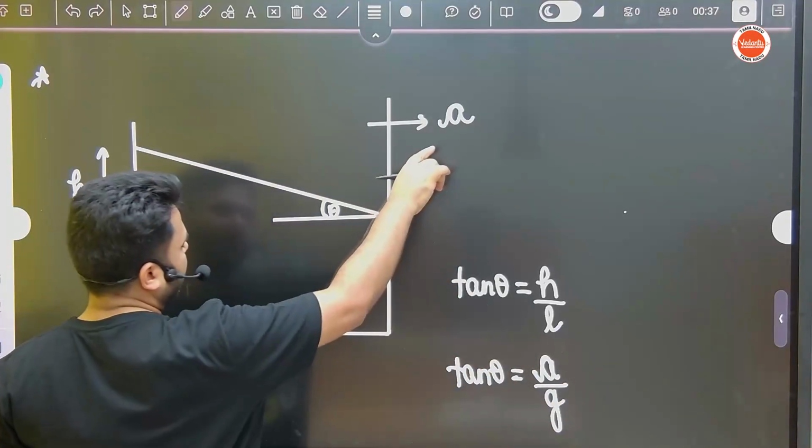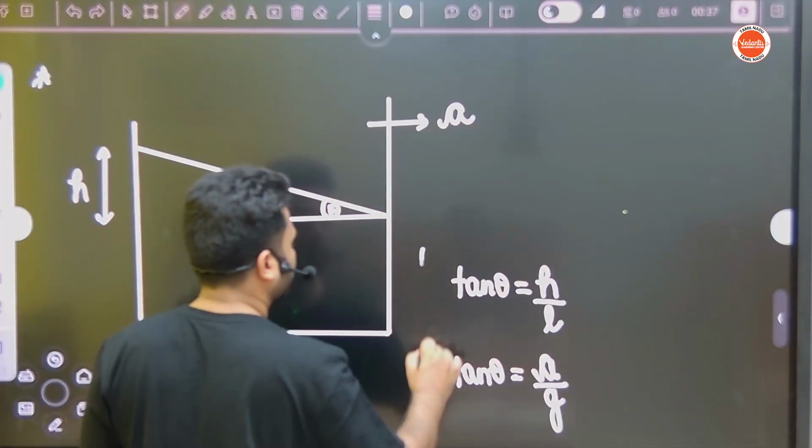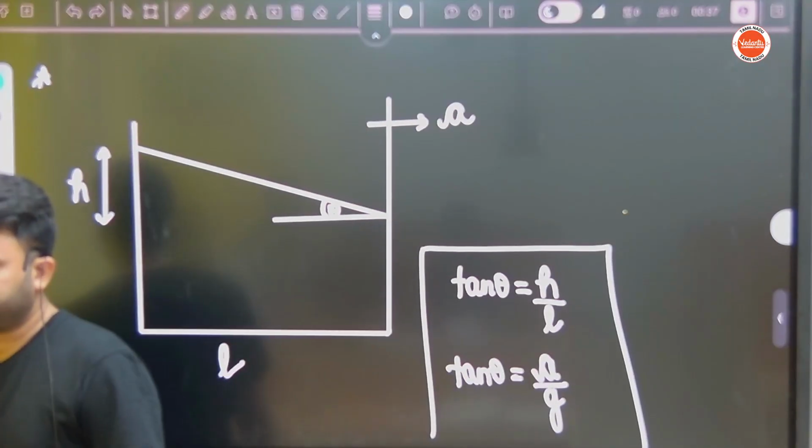How much the container is accelerating divided by g. Tan theta equals A by g. Correct?